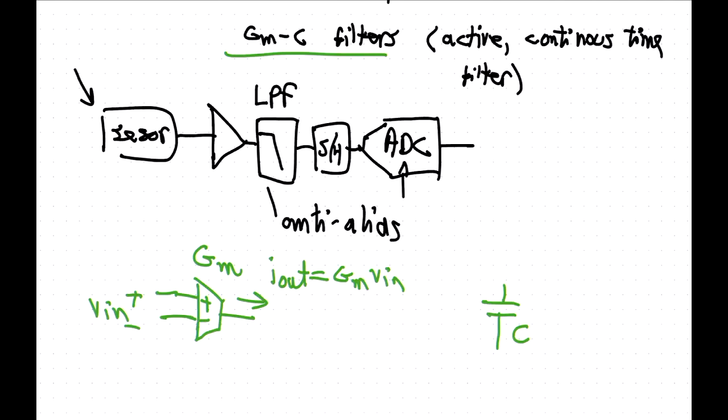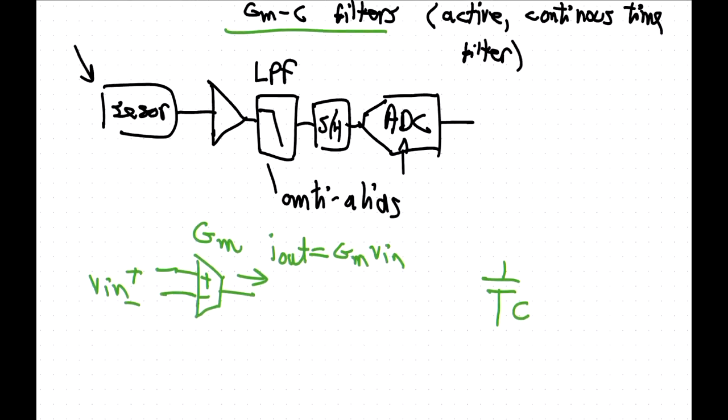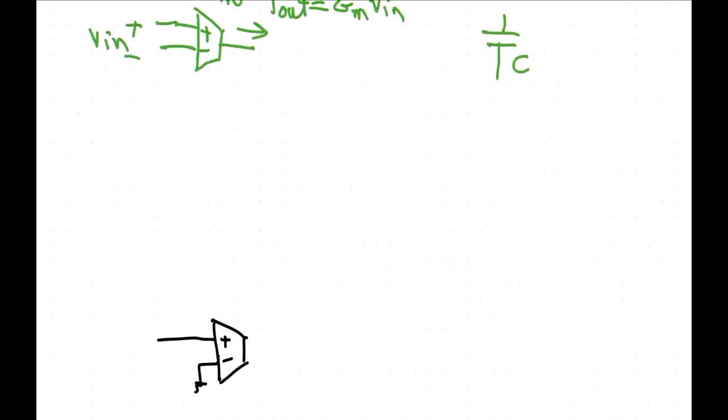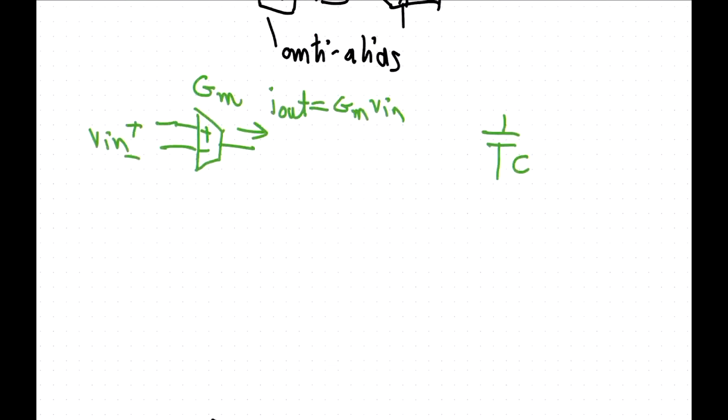Yes. Okay. All right. So let's say we can make a GMC filter. What we could do is have something like this. Sorry, I should write, this has got to be linear. Okay, right. So here, an input voltage, and then we can put a capacitor here, C, and that could be an output voltage.